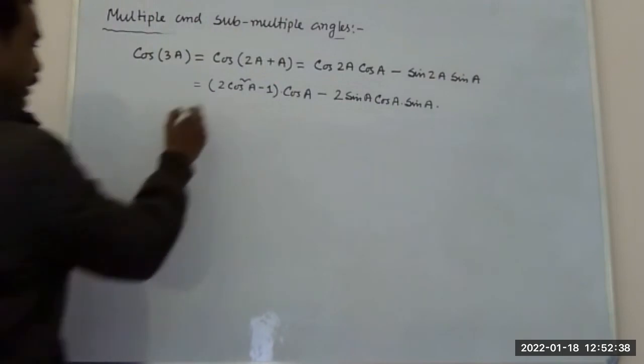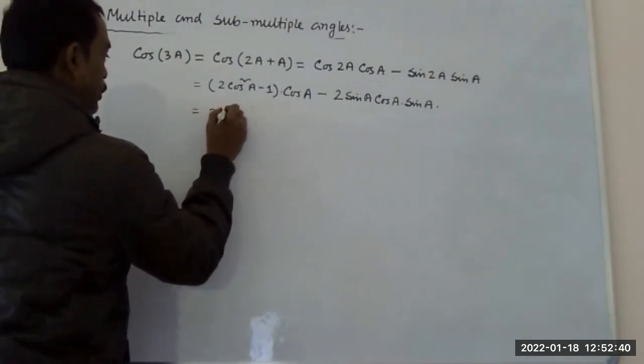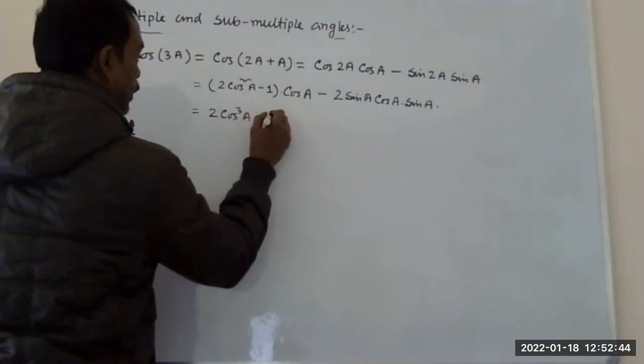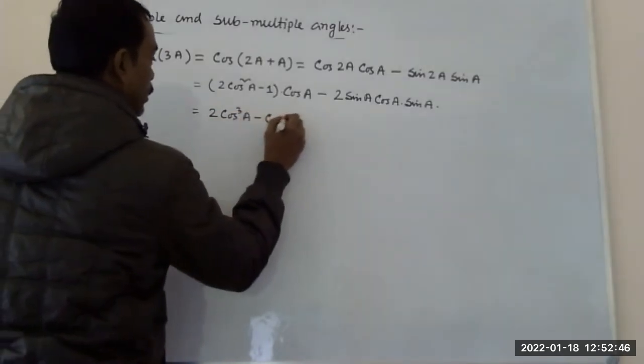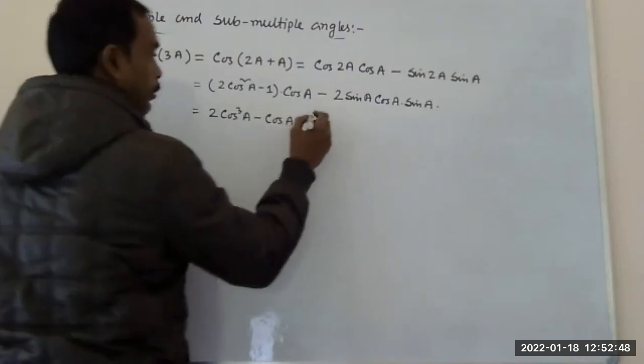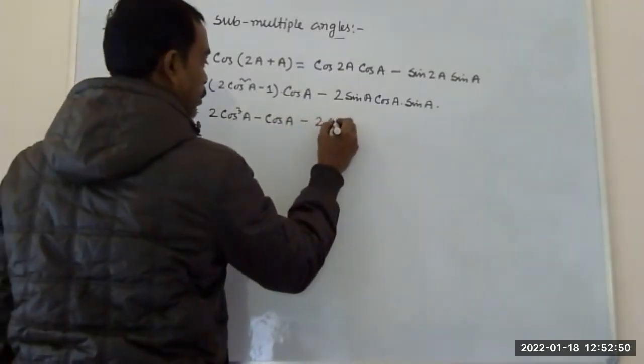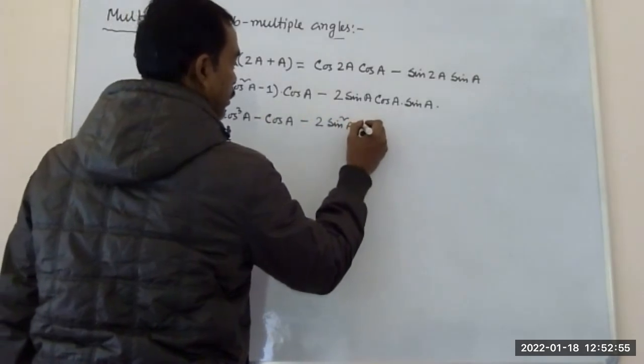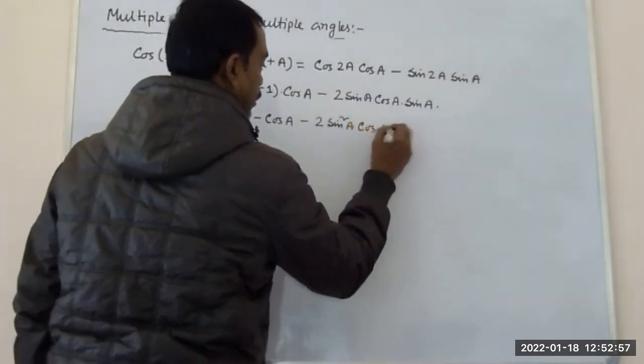So after multiplication it will be 2 cos cube A minus cos A minus 2 sin square A cos A.